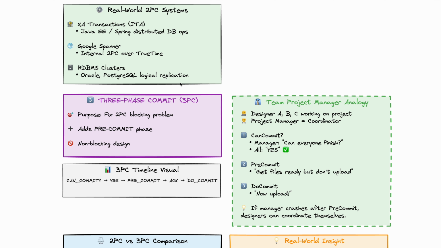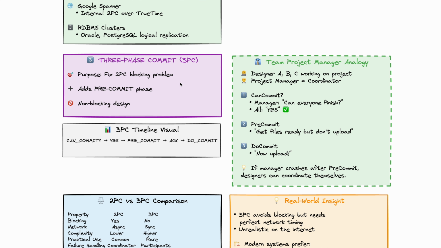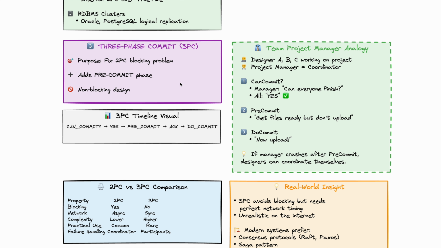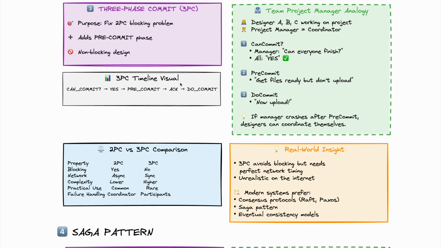So to solve the problem that we have seen earlier, another protocol, the 3-phase commit, was introduced to solve the exact problem that we have in the 2PC. After the first phase, the second phase is not completed because the coordinator crashes and all participants are now in the waiting state.